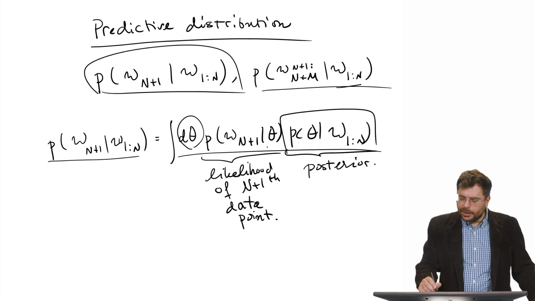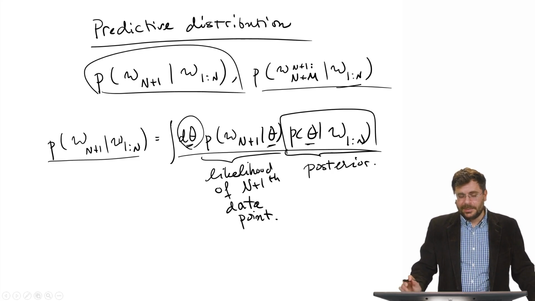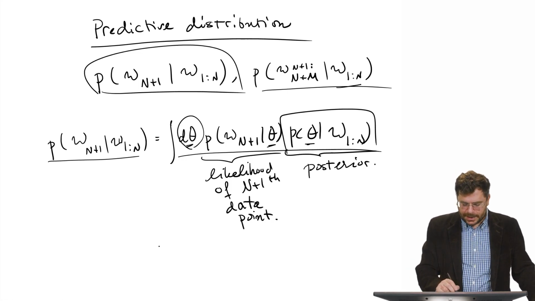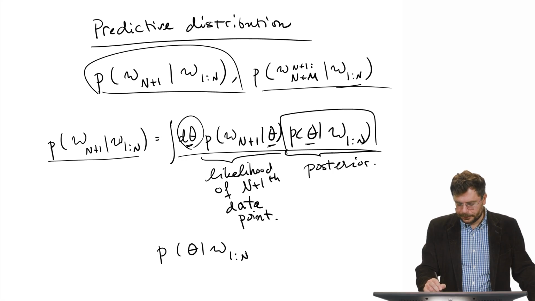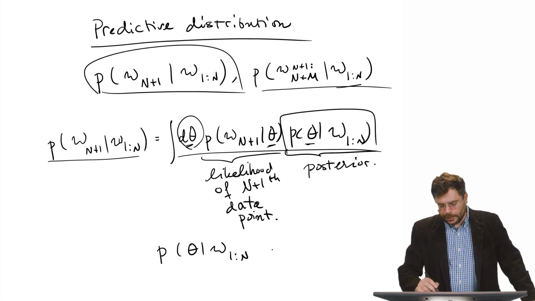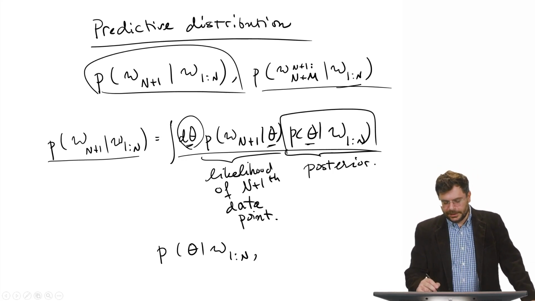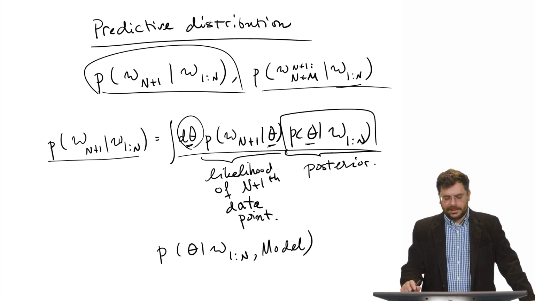We notice that we're marginalizing over all values of theta, but we need to be a little bit careful because whenever we build posteriors, in some sense we're always conditioning, without saying so explicitly, on the model itself.